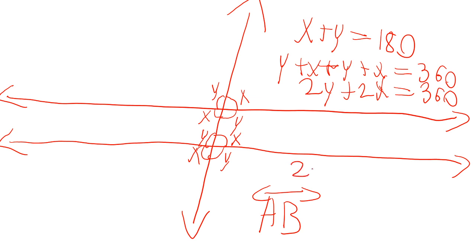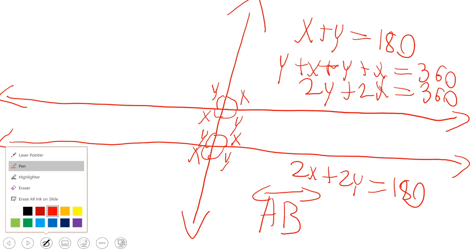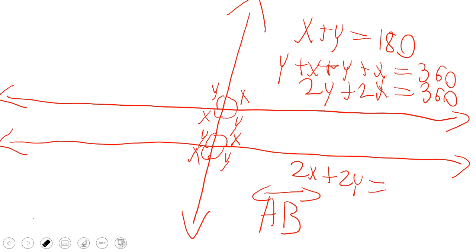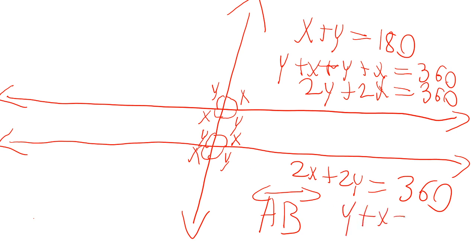And the same thing here, we have 2x plus 2y equals 360 degrees, because a circle is 360 degrees. So these four angles combine to 360, and y plus x is 180 degrees. In other words, if we add y plus x and x plus y, 180 plus 180 is 360. Those are the angles inside a transversal line.